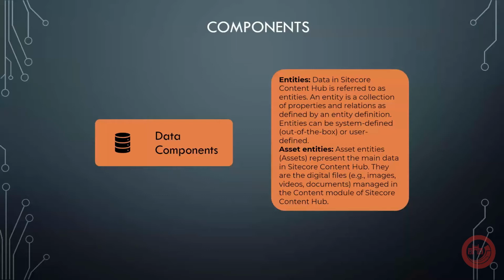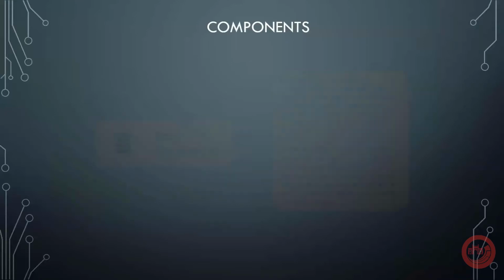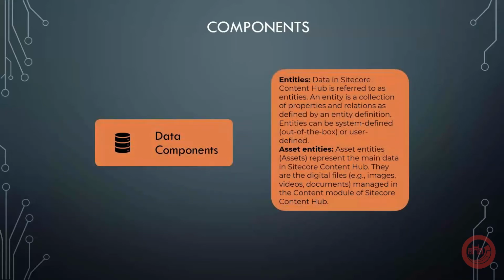So in Content Hub pretty much every piece of content is an entity, right? The typical rule is anything you can see or display as a result of searching.